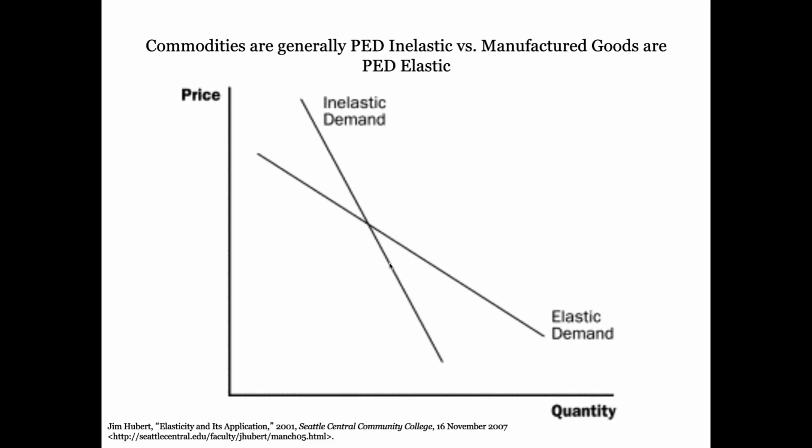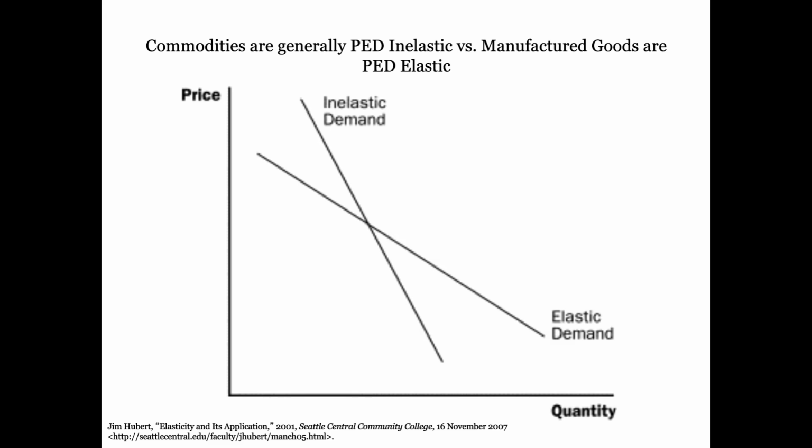It's inelastic demand because it's a necessity. Whereas something like a toaster, a microwave, or a television tends to be more elastic. It's more of a luxury. There are more substitutes. So a drop in price on a manufactured good usually leads to a big increase in quantity.